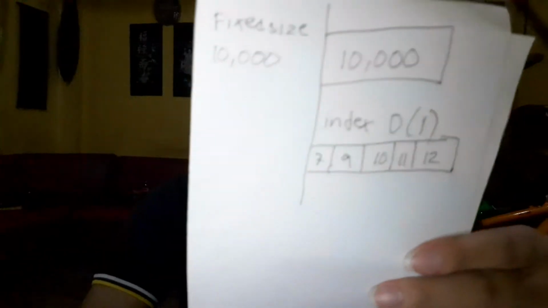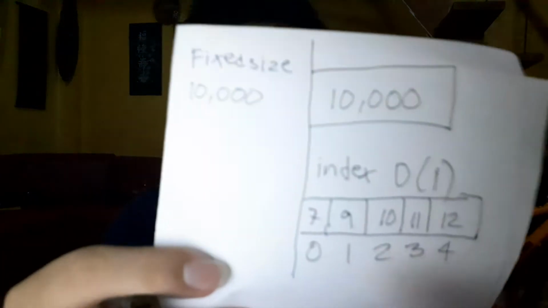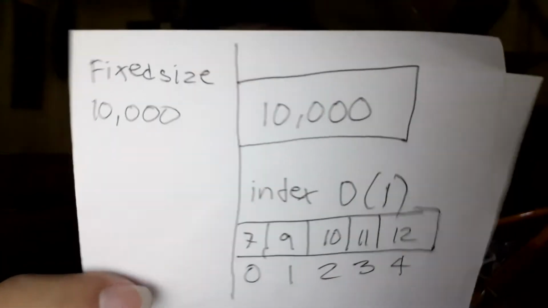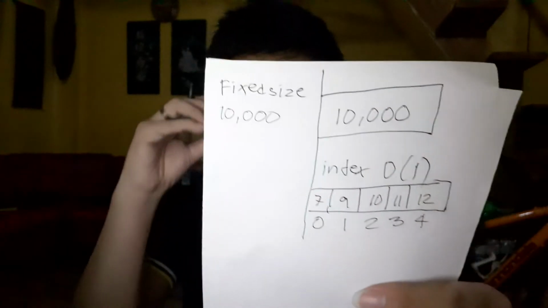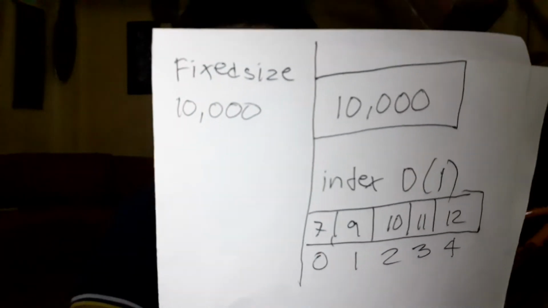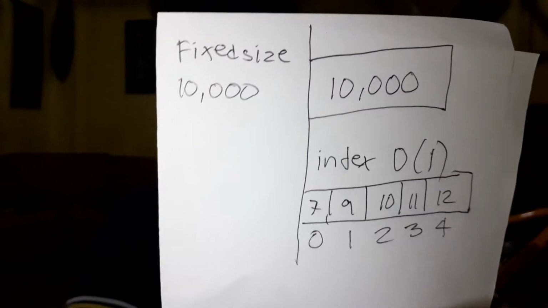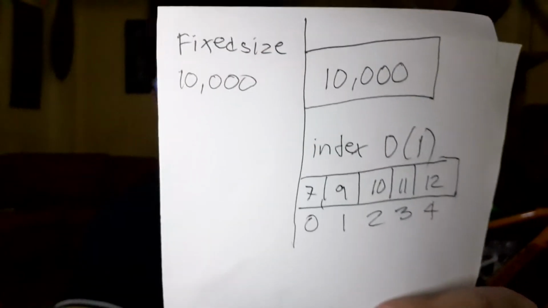You know that the indexes go from 0 all the way up to 4. These are the indexes 0, 1, 2, 3, 4. And if I want to look up any item, all I have to know is where it is.